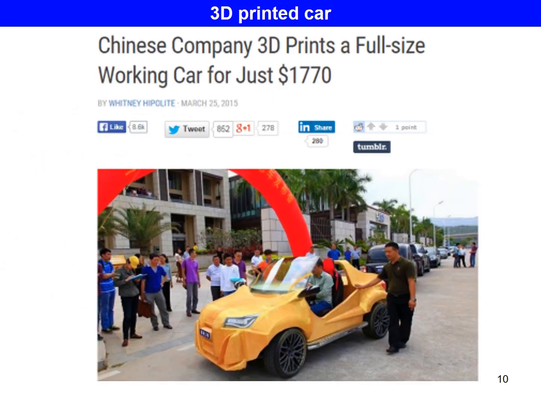A few years ago, a company tried to print a full-size working car for less than $2,000, and we can see the full-size car here, and this was 3D printing. So in addition to conventional things that people can print, researchers and business people have ventured out and tried to print complicated structures, such as motor vehicles.